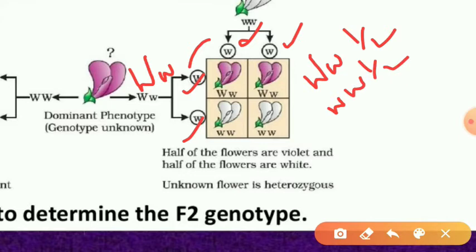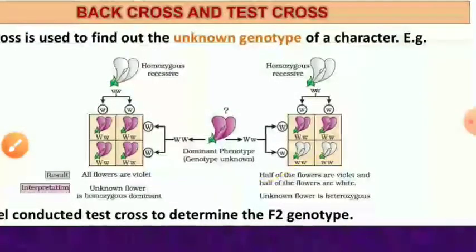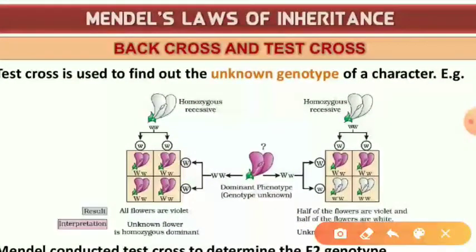So half of the flowers are violet and half of the flowers are white. Now the interpretation is that the unknown flower is in the heterozygous condition. So what is the advantage of a testcross? It is to find out the unknown genotype of a character.